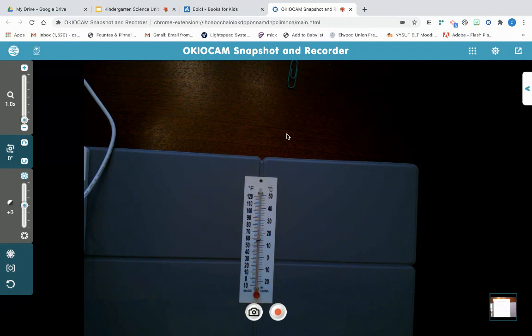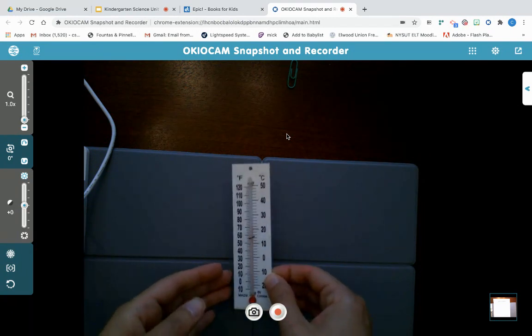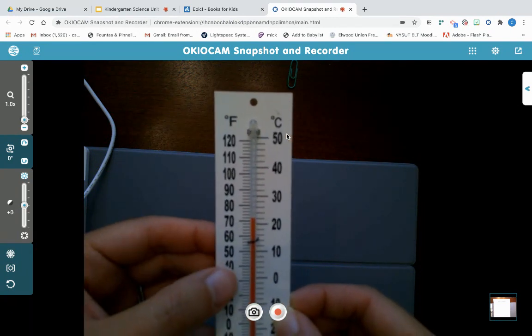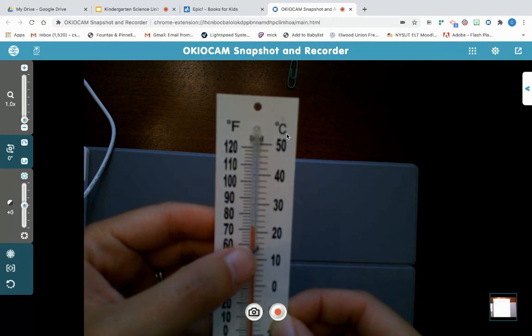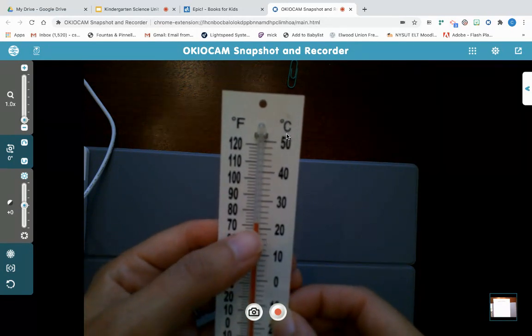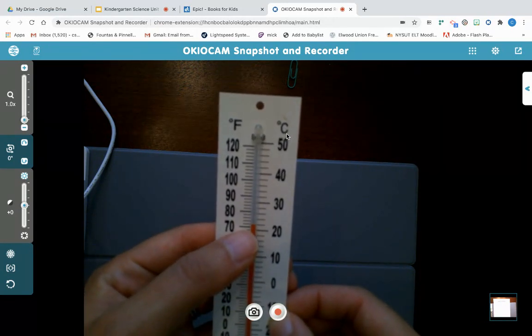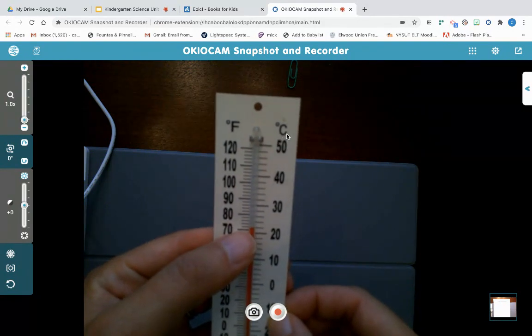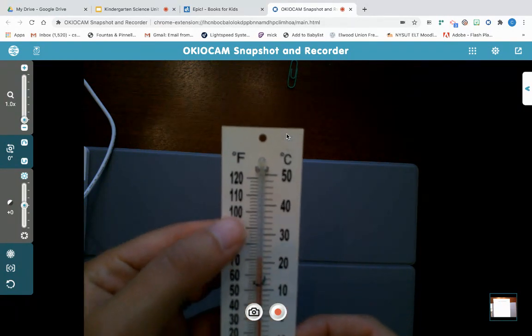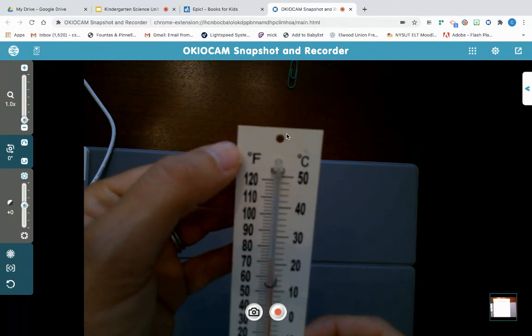What does a thermometer do? What does the thermometer measure? A thermometer measures how hot or how cold something is. If we take a close look at this thermometer, it will tell us the temperature right now. The temperature in the room that I am in is 71 degrees Fahrenheit.